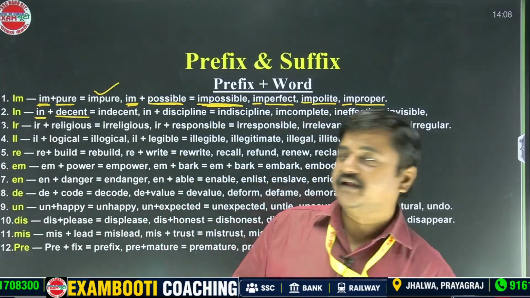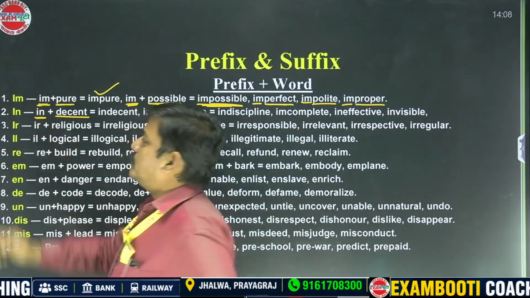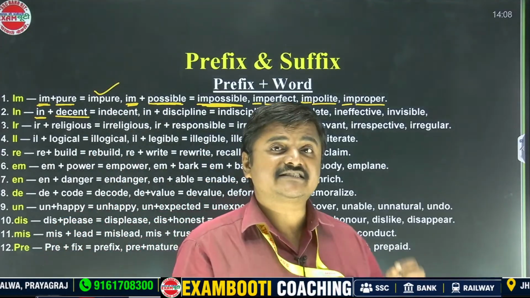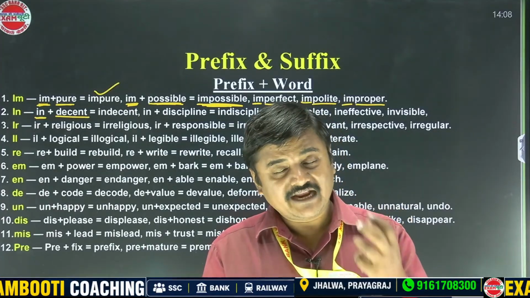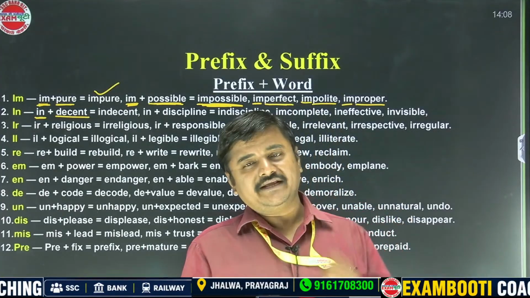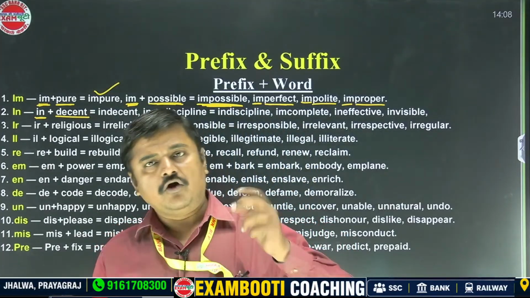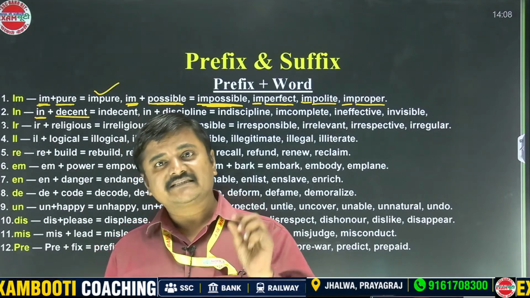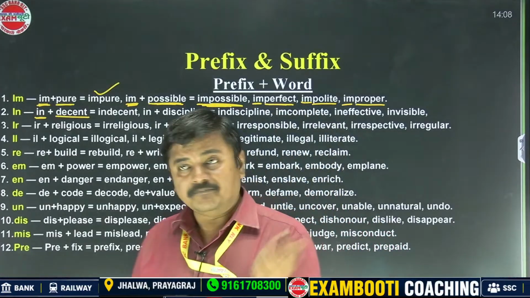It's opposite. It means what we see here, when you add IM to most of the words, you will get its opposite. And this is the idea you get now. You get the idea that most of the words at basic level you can form or know the opposite by adding some prefix. Like IM.